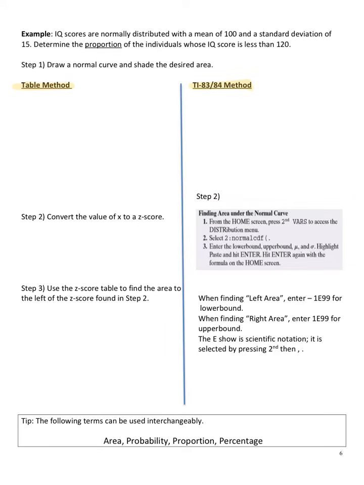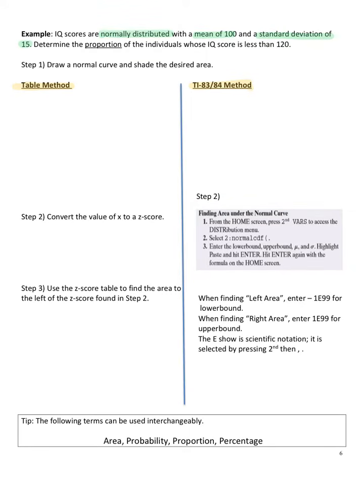Okay, so let's read. Example: IQ scores are normally distributed. Let's highlight this, good information. Normally distributed with a mean of 100. This is important too. And standard deviation of 15.